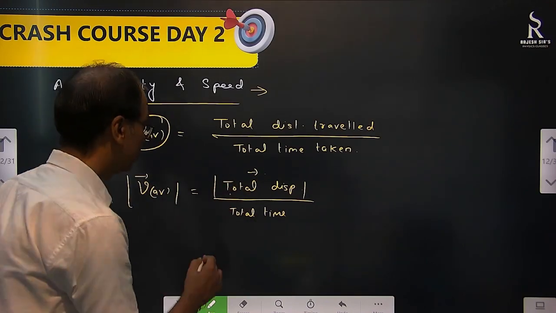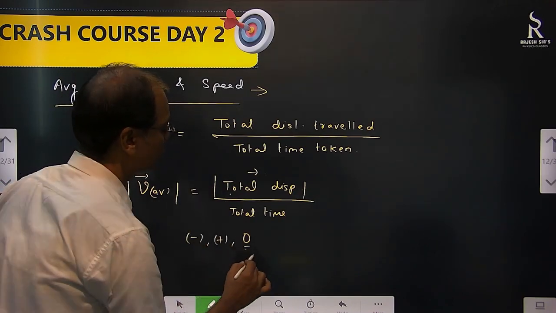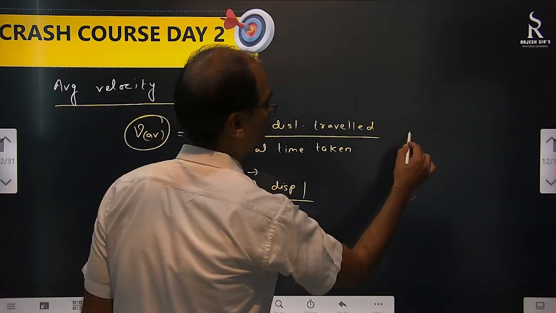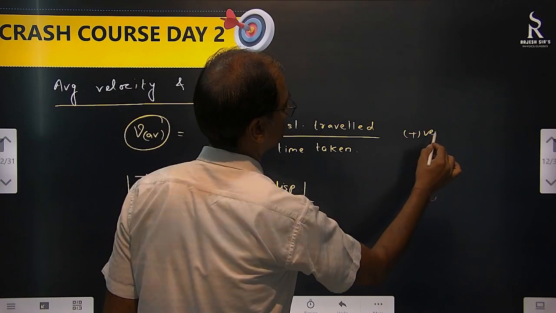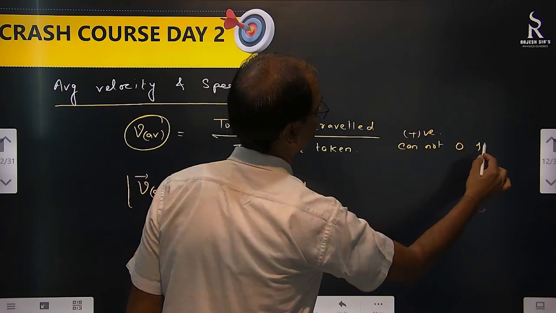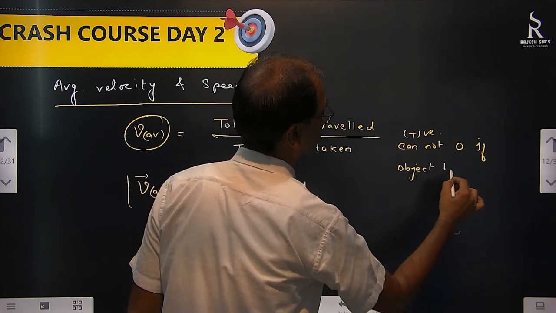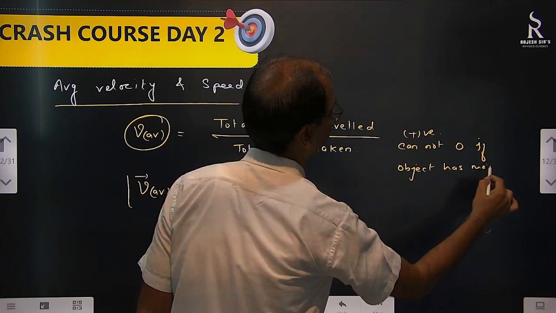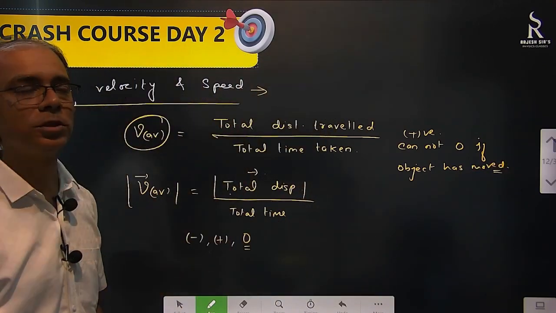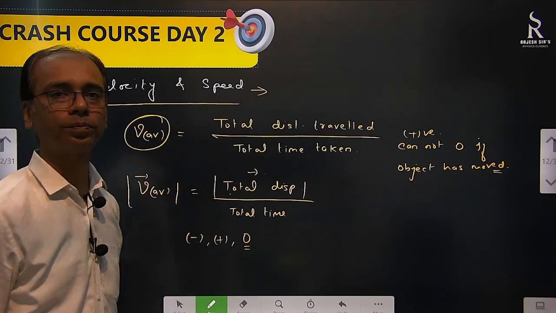So it can be negative, positive or 0, whereas speed is always positive. It cannot be 0 if the object has moved. If the object has not moved, then it's fine, you can say it's 0. But if the object has moved from its position, speed can never be 0. Clear?